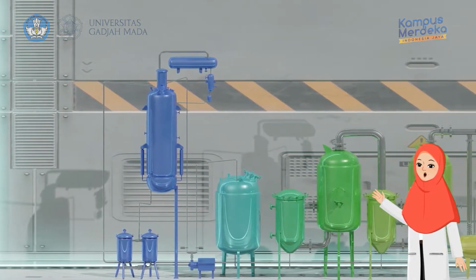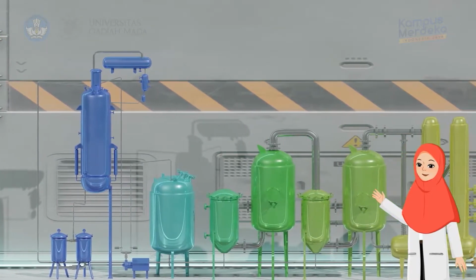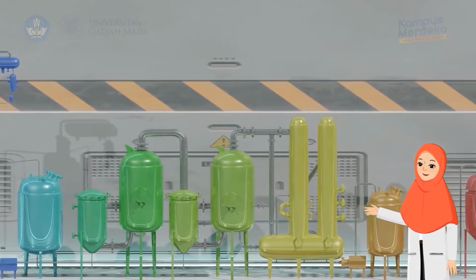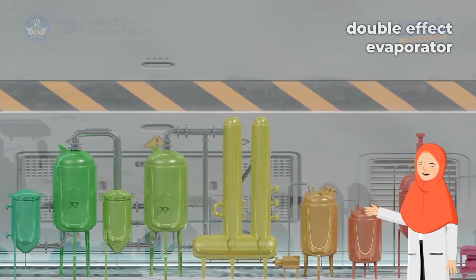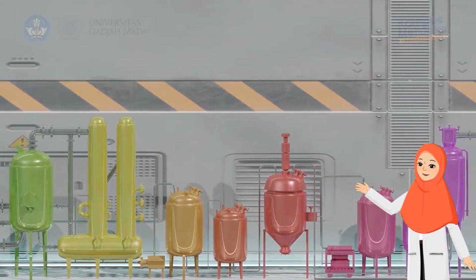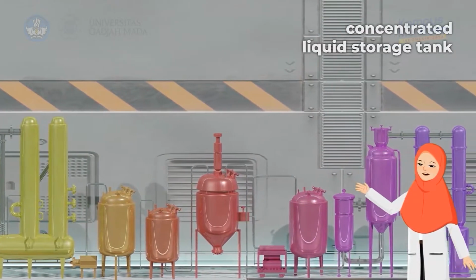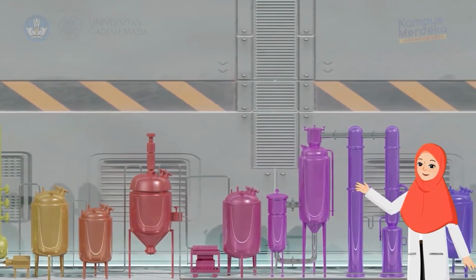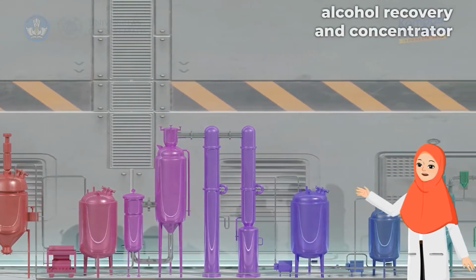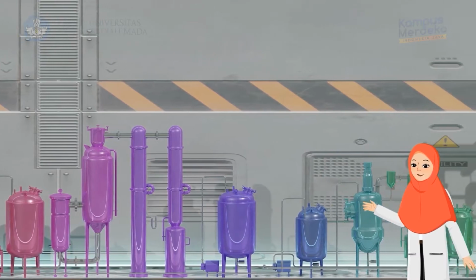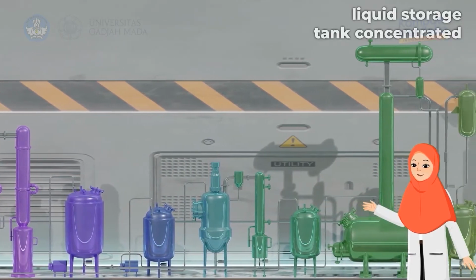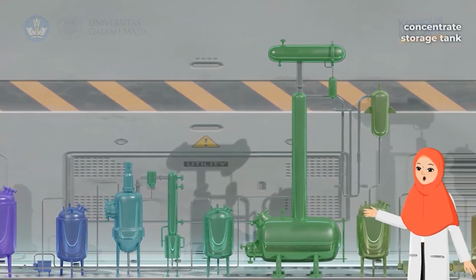Equipment in the herbal extraction industry consists of the following: extraction liquid storage, double effect evaporator, condensate storage tank, concentrated liquid storage tank, alcohol recovery and concentrator, alcohol storage tank, liquid storage tank concentrated, concentrate storage tank.